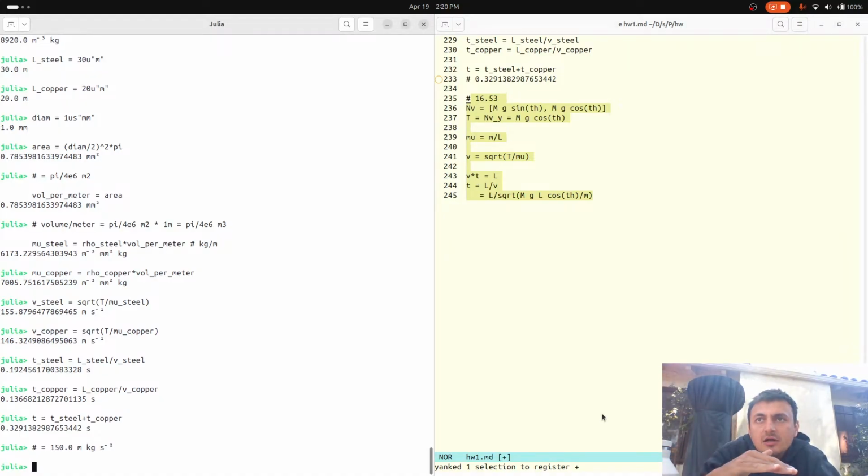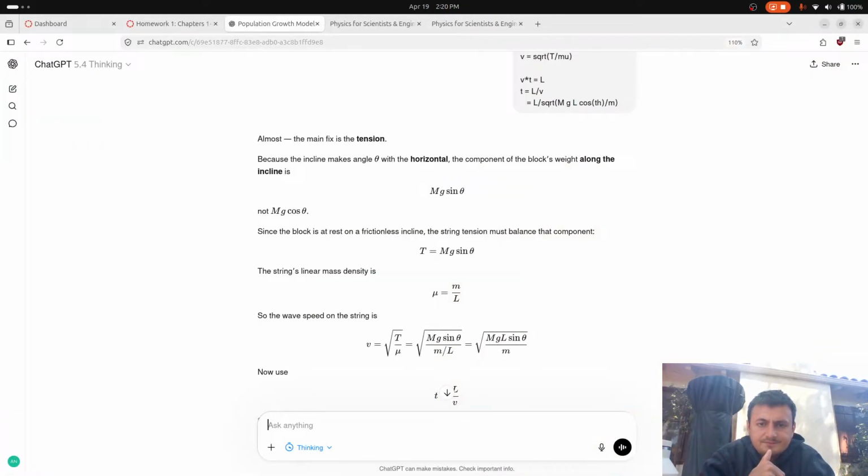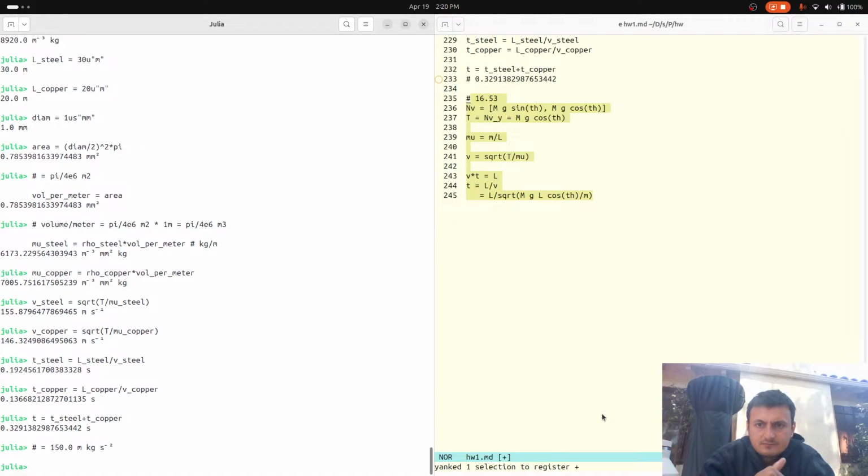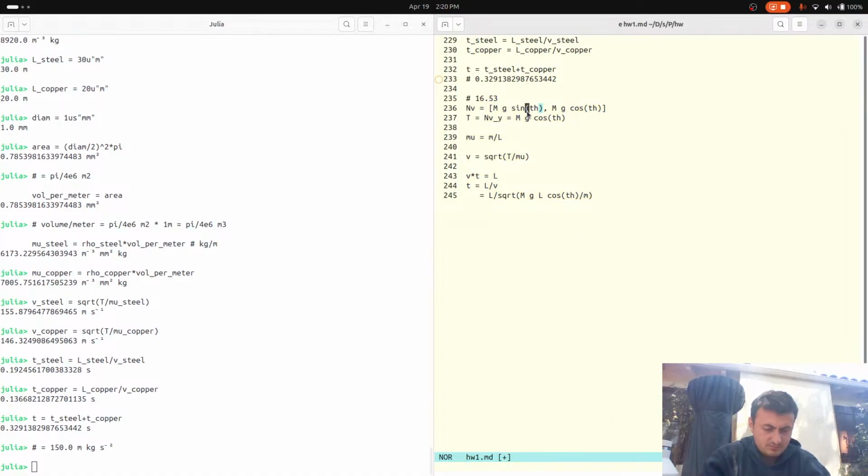If theta is 0, then the tension force is 0. Oh, wait. No, I had what? Yeah, the normal force will be entirely directed in y if theta is 0. Oh yeah, okay, I messed it up.